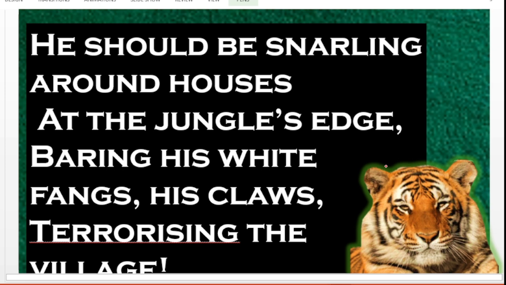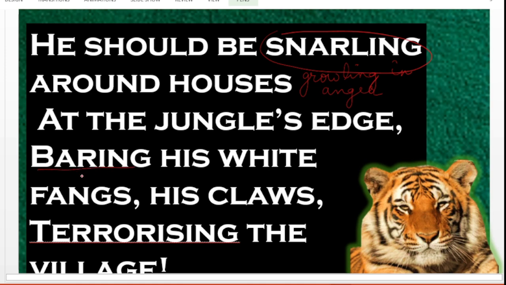Let's understand the third stanza. He should be snarling around houses at the jungle's edge, baring his white fangs, his claws, terrorizing the village. So we understand the meaning of snarling first. Snarling means growling in anger, which wild animals often do to make others scared.